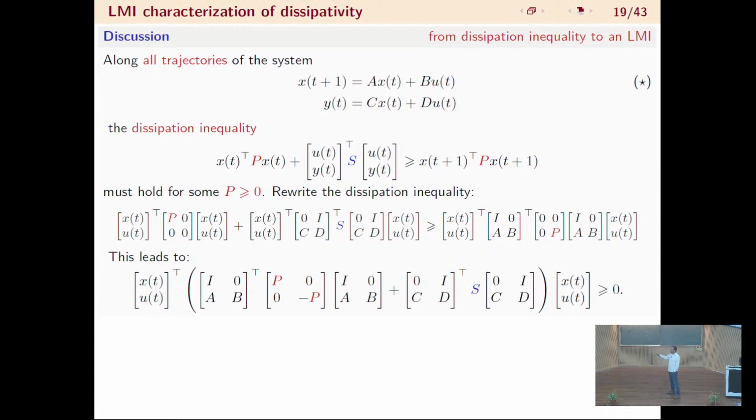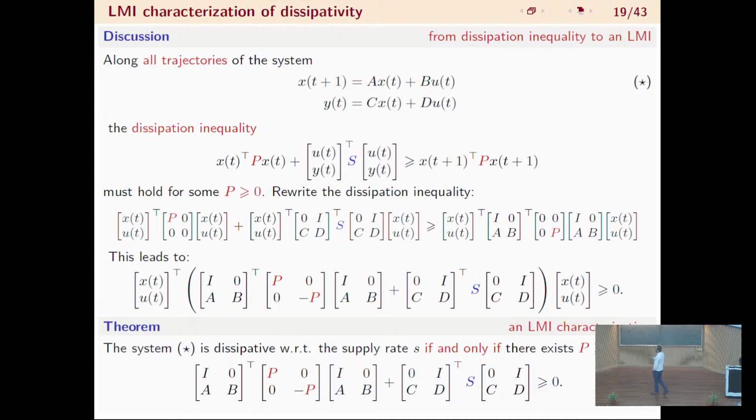And this has to be satisfied for all xu trajectories. Right? Therefore I can drop these because they are completely free. The system does not restrict the instantaneous values of xu.